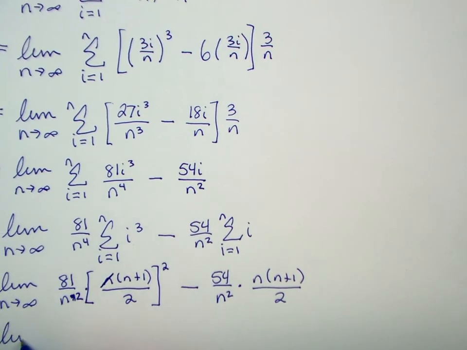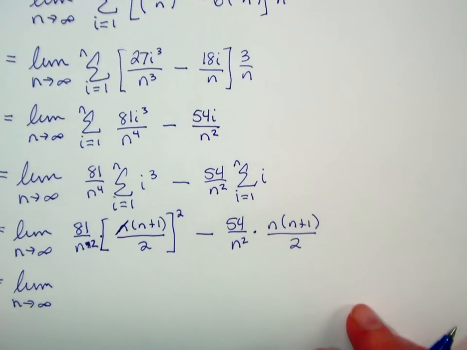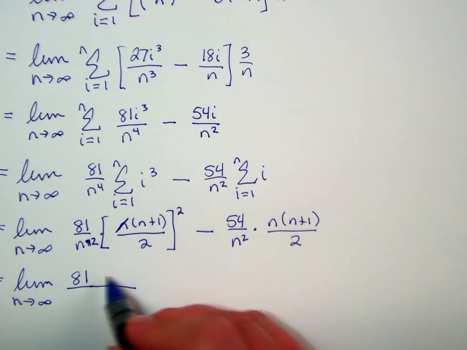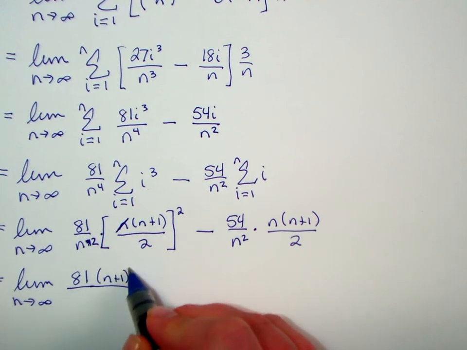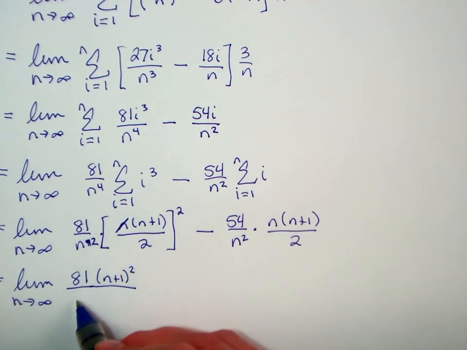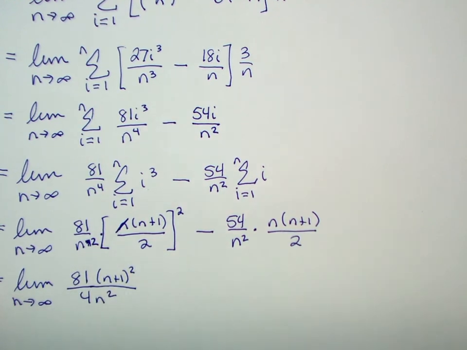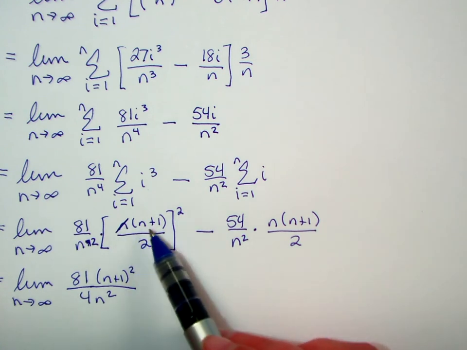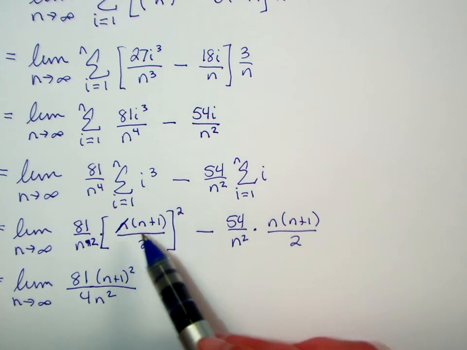So I'm going to get the limit as n goes to infinity of 81 times n plus 1 squared over 4n squared, okay? Because this n squared canceled, this is still squared, 2 squared is 4, okay?